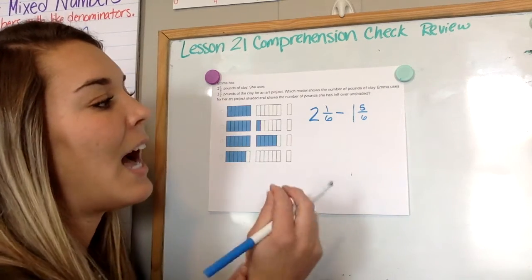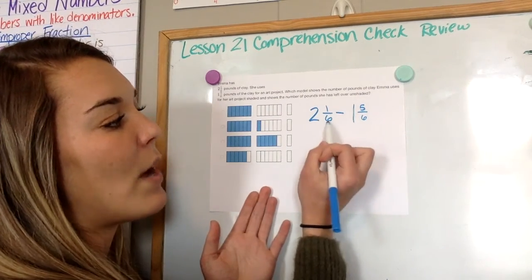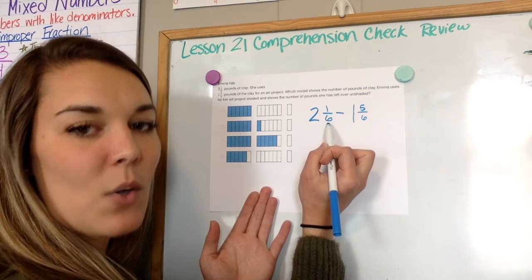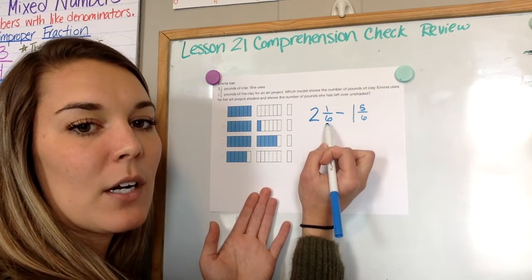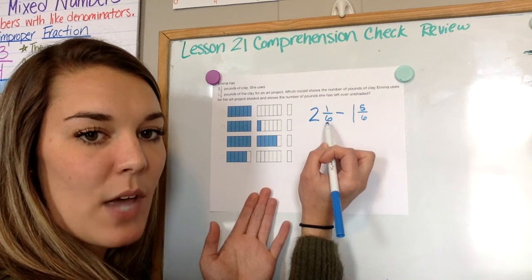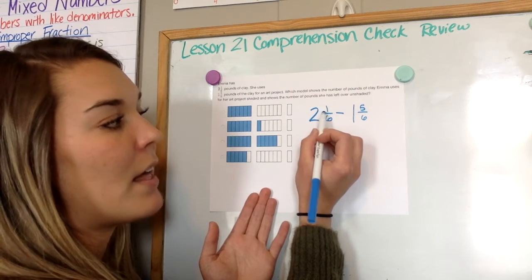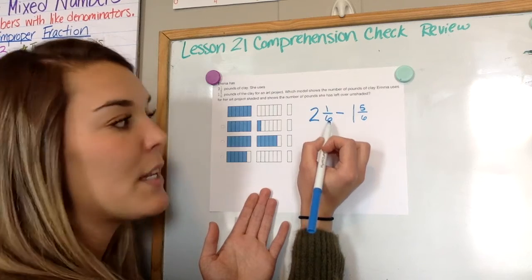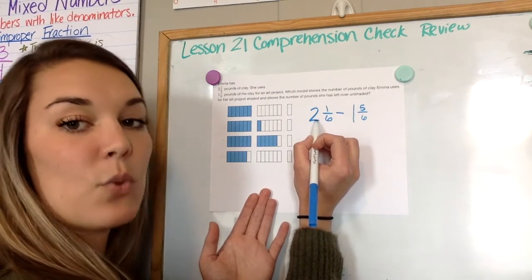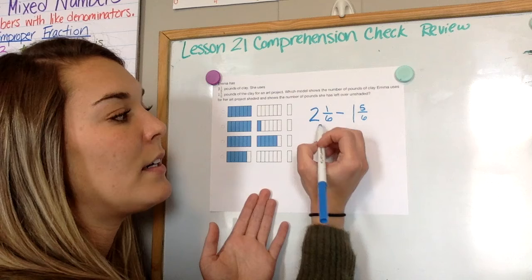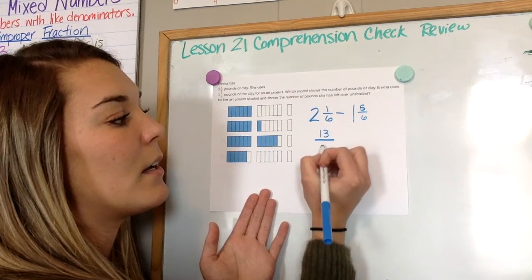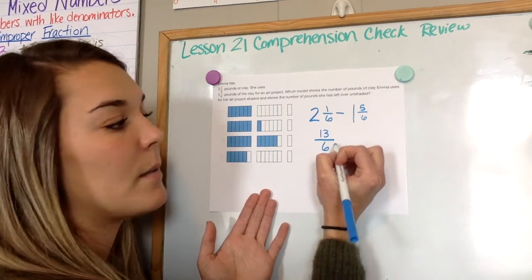But I can't take 5/6 away from 1/6. So I'm going to make these into improper fractions. How I do that is I multiply my denominator times my whole number, then I add my numerator. So 6 times 2 is 12, plus the 1 is 13. My denominator stays 6.